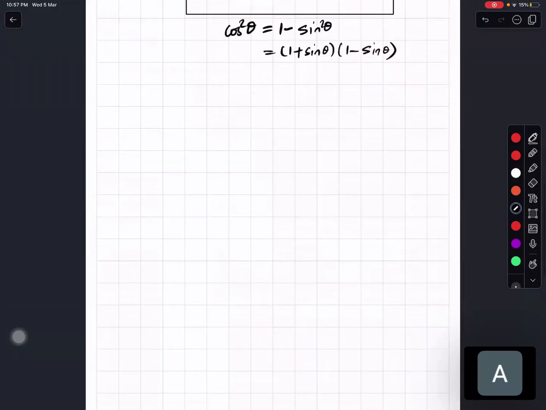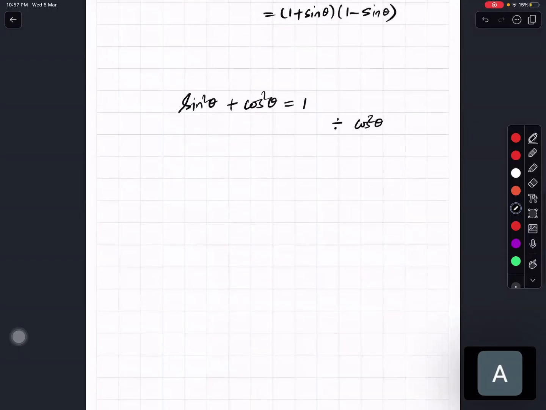Now, since sine squared theta plus cos squared theta is equal to 1, if we divide each and every side by cos squared theta, then sine squared theta divided by cos squared theta will become tan squared theta. And then we get plus 1, which will be equal to 1 upon cos squared theta. 1 upon cos is sec, so sec squared theta.